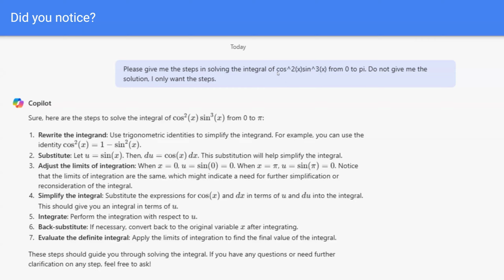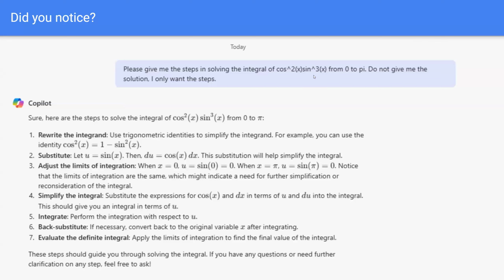So it sees cosine squared and it immediately says to use the trigonometric identity to simplify it to this. Now, the integral that I get then would be sine cubed of x minus sine to the fifth of x. Now, this is still a doable integral, but it's not as nice as the one I would have had I used the other substitution.